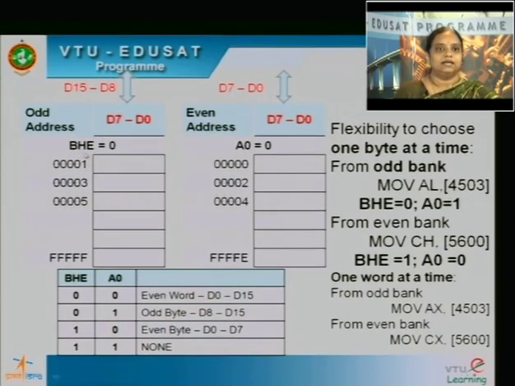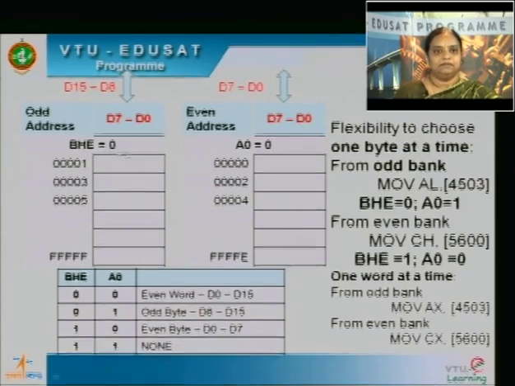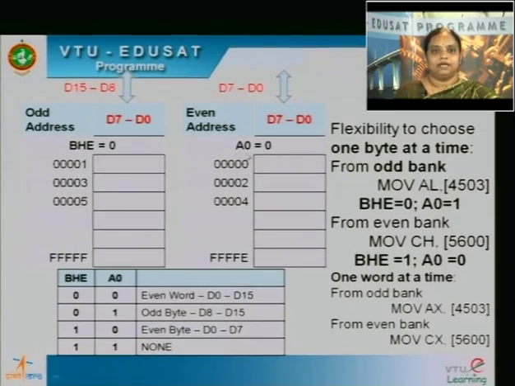There is one extra pin given, bus high enable BHE, and this pin will enable the odd bank, and the even bank is enabled by A0 being 0. Suppose both of them are 0, that is A0 is 0 and BHE is 0, then both banks are enabled, and the data from the even bank is put on D0 to D7, and the data from the odd bank is put on D8 to D15.